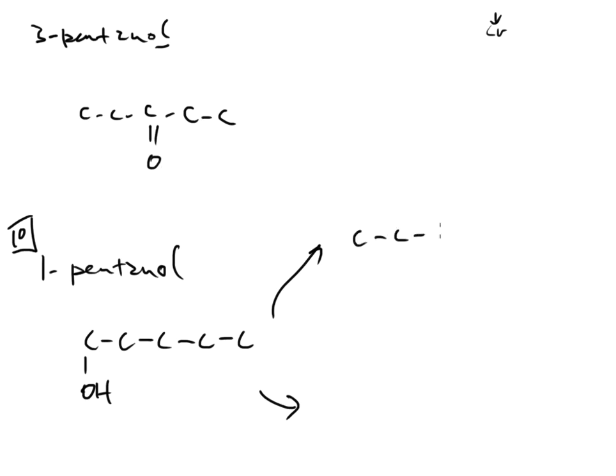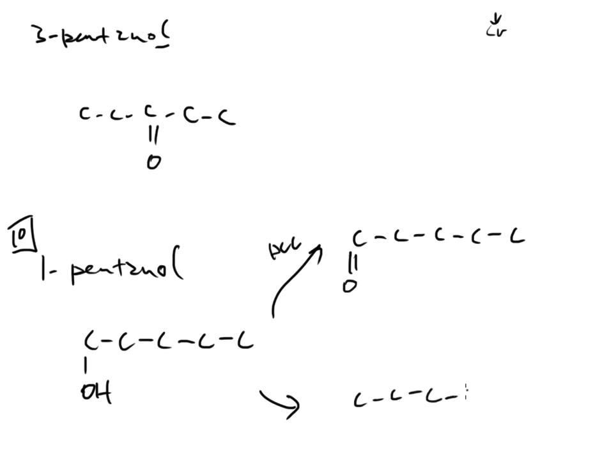So 1, 2, 3, 4, 5, and here is my OH group. In the first round of oxidation, the hydrogen on that carbon goes away, and we form a double bond. There's your product. This product is with PCC, because we know that primaries can undergo another oxidation step.